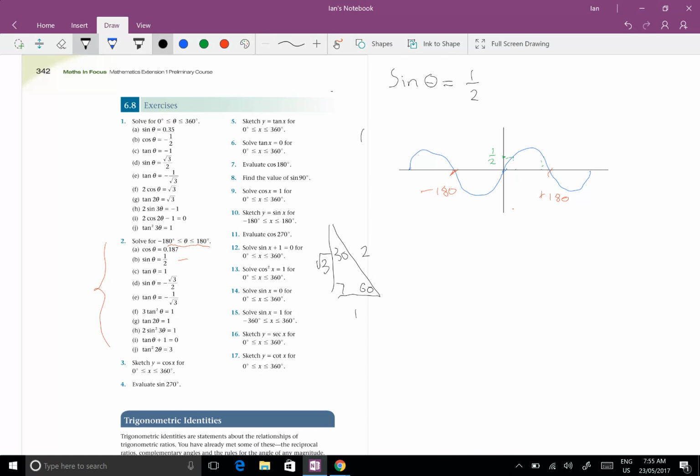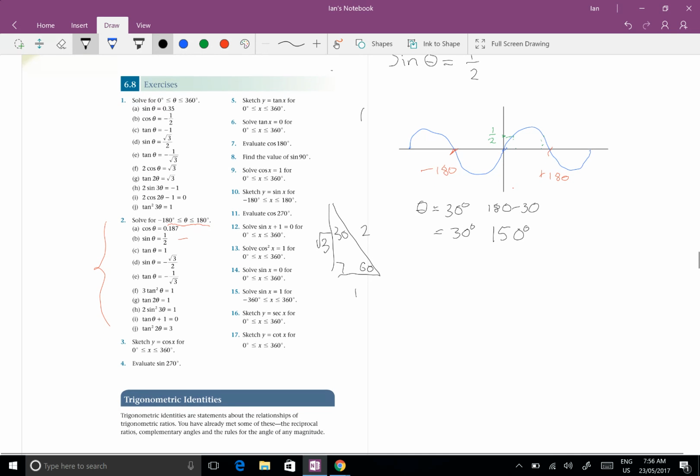And the acute angle is going to be 30, opposite over hypotenuse. So that's that first one. And here's this other one, which is the same distance back from 180. So 180 minus 30. I know you can do that in your head, but it's really worthwhile to show it. And I get 150. Very easy.